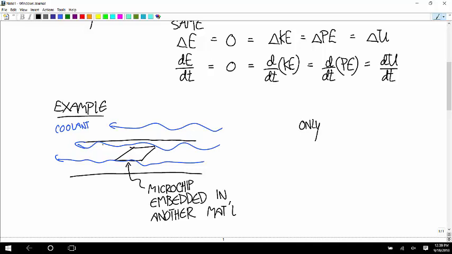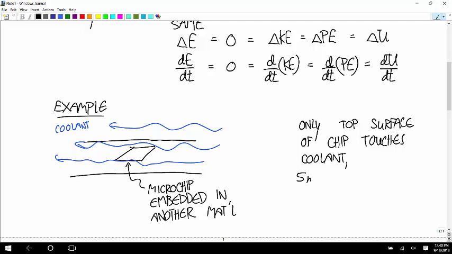The rest is embedded in this surface. Only the top surface of the chip touches the coolant. And the area of the top is 5 millimeters by 5 millimeters.